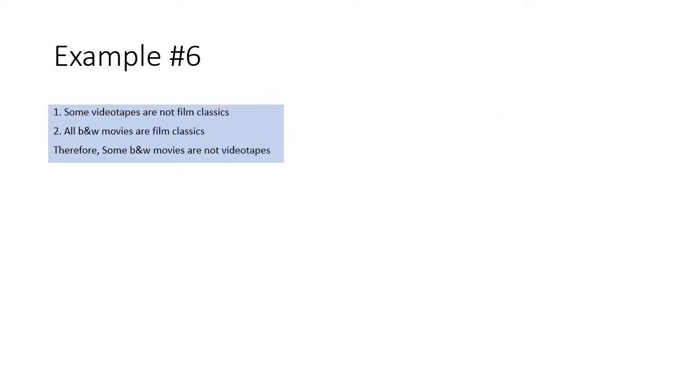Alright, example number 6: some videotapes are not film classics, all black and white movies are film classics, therefore some black and white movies are not videotapes. So the subject of the conclusion here is black and white movies, the predicate is videotapes, and that leaves the middle term as film classics.